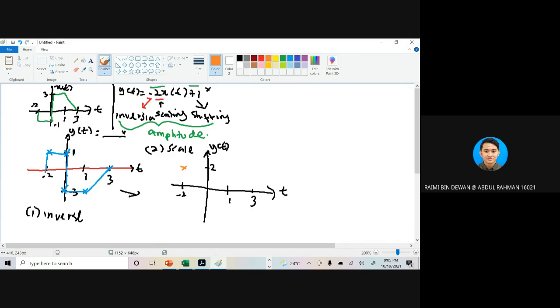So here at time negative 2, amplitude is initially 1 times by 2. And then at 0 you have one value, amplitude 1 times by 2, so you have 2. And then you have here negative 3, right? So negative 3 times by 2 is negative 6. Am I correct?